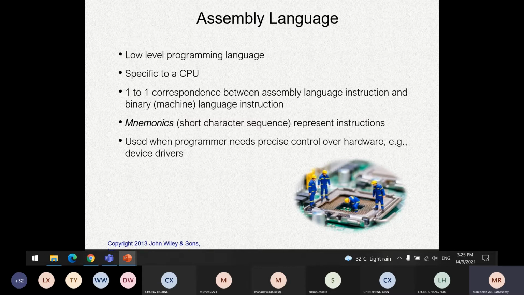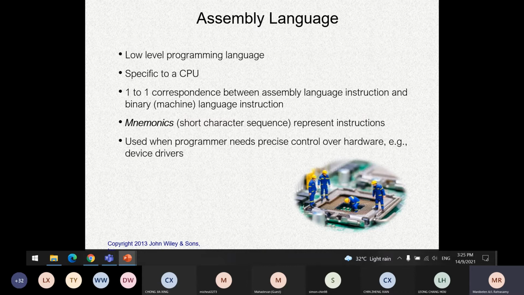So that's the reason why these hardware devices are still being programmed in what we call low-level languages, such as assembly language, or we call it firmware. And one of the high-level languages which can support similar functionality or requirement is the Java language.